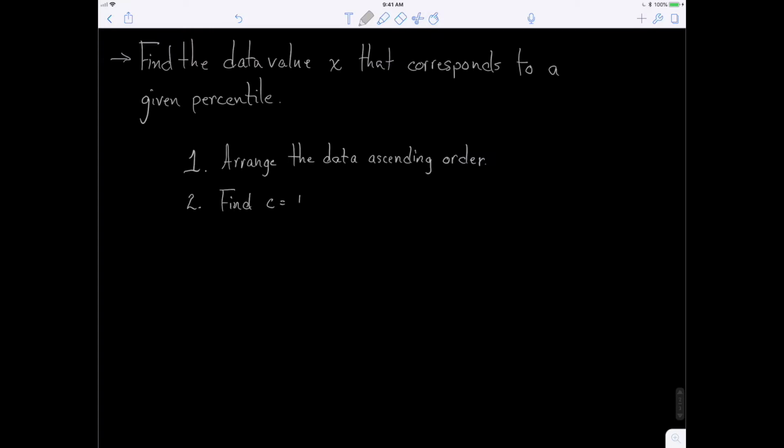C equals N times P divided by 100, where N is the number of data in the set, P is the percentile, and C is the position of the data value.